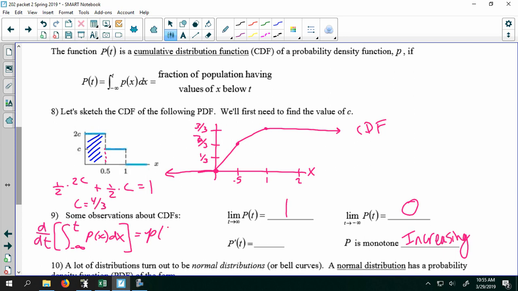So this is p of t is the derivative. So the derivative of big P is little p. That's why they're named big P and little p, because one is actually the derivative of the other. That's a little lowercase p, lowercase p.